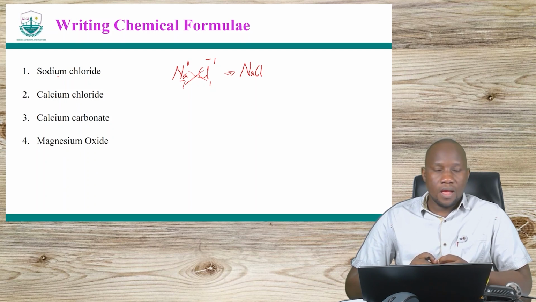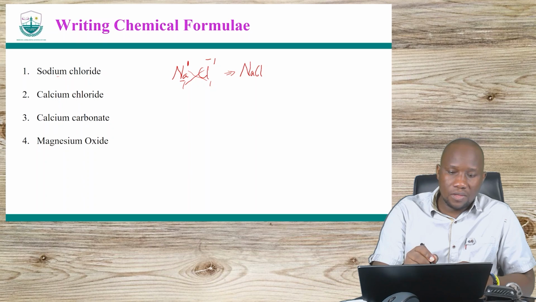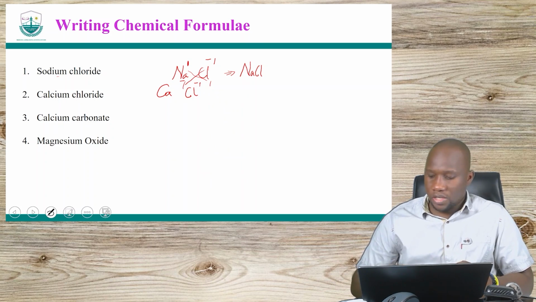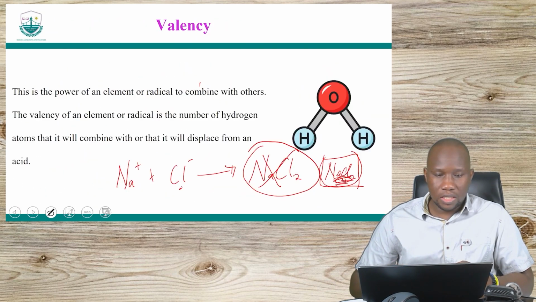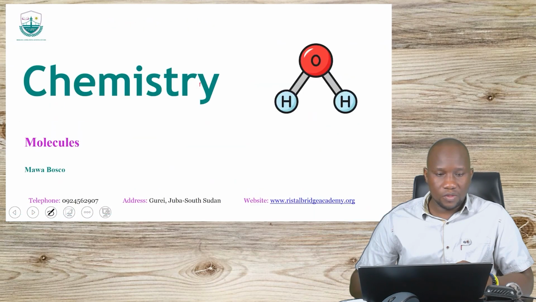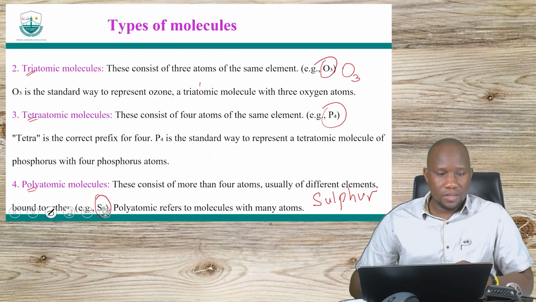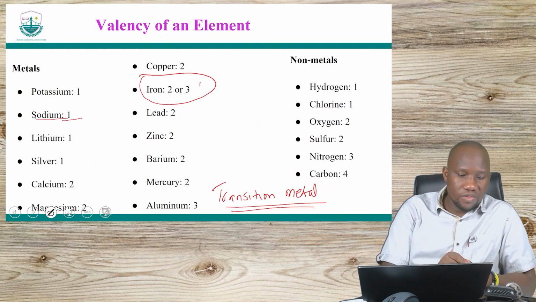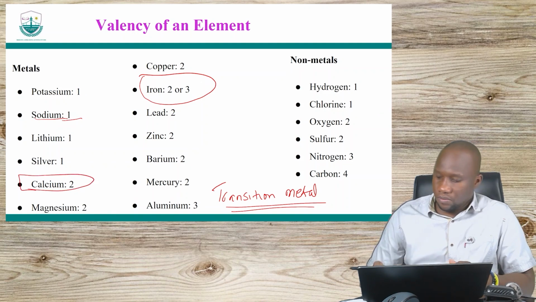Okay? We go to calcium chloride. The symbol for calcium is Ca. And then chloride, we already know it. We also know the valence of chloride, -1. So we'll check calcium. Calcium is a metal, right? So calcium is here, valency of 2.